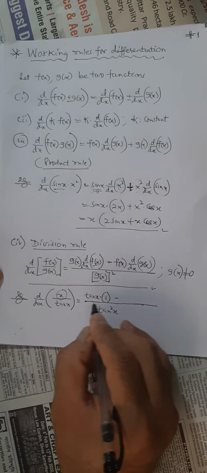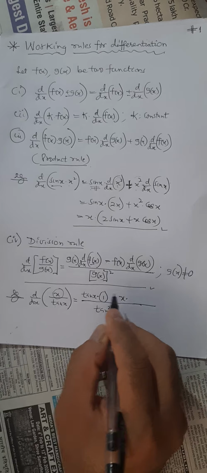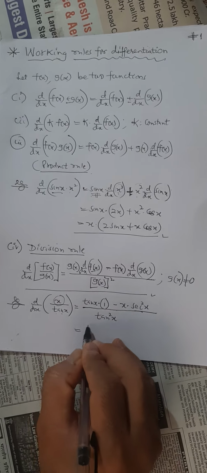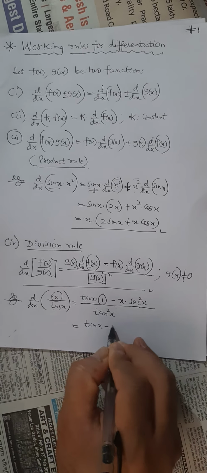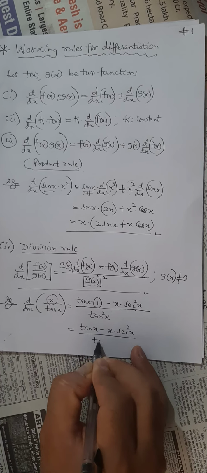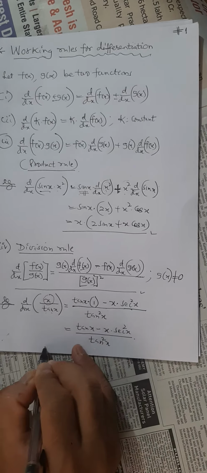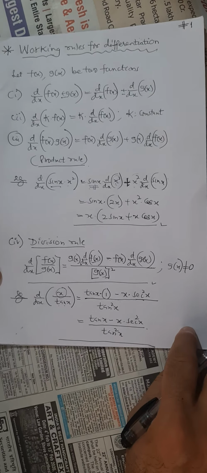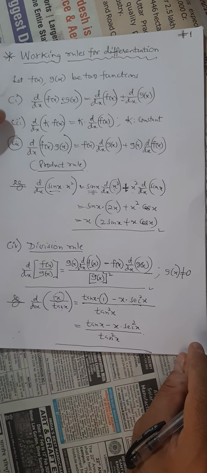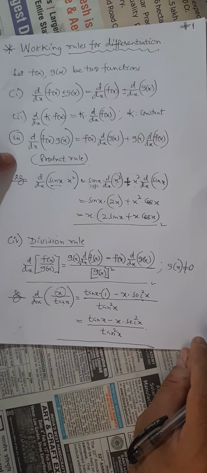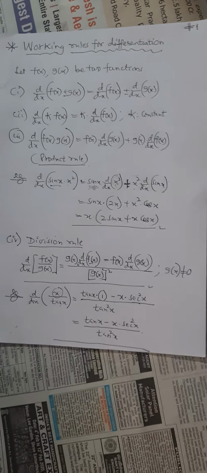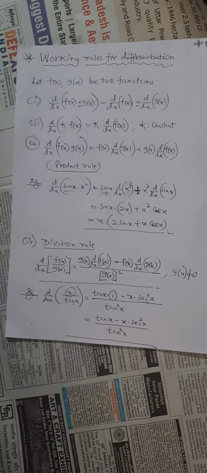Minus now x as it is here, and differentiation of 10^x, you know derivative of 10^x is 10^x log 10. So this is your answer, (10^x minus x into 10^x log 10) upon (10^x) square. This is how we use division rule. You know it from 11th. So these are the 4 standard working rules. Addition rule, constant you can take outside, product rule and division rule we use effectively here, remember, in 12th also. Okay.